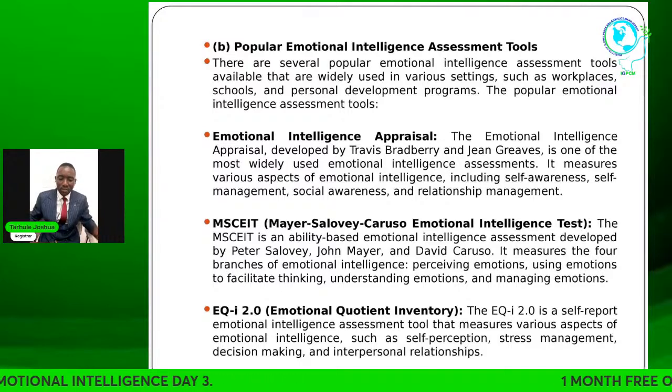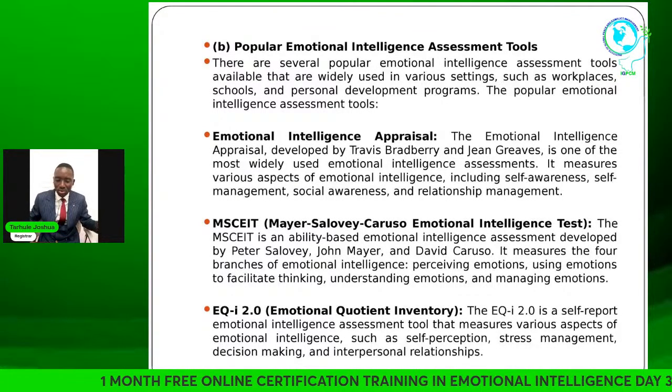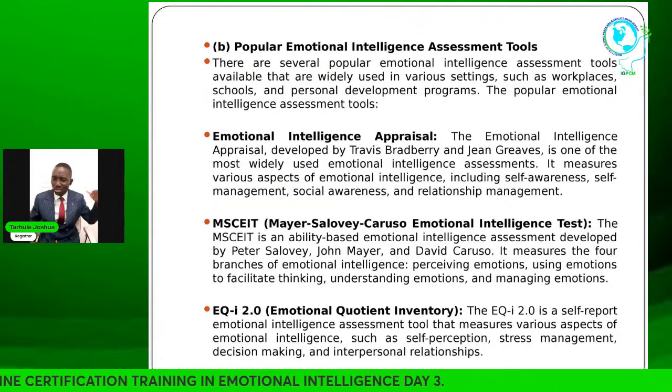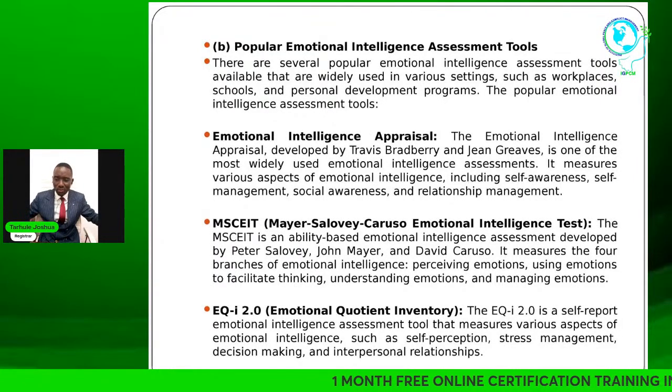It measures the 4 branches of emotional intelligence, that is perceiving emotions, using emotions to facilitate thinking, understanding emotions, and managing emotions. I think we have discussed this when we were discussing the theories. All right, so we don't need to go much into it. Maybe when we're discussing the components of emotional intelligence, we can go deep into it.